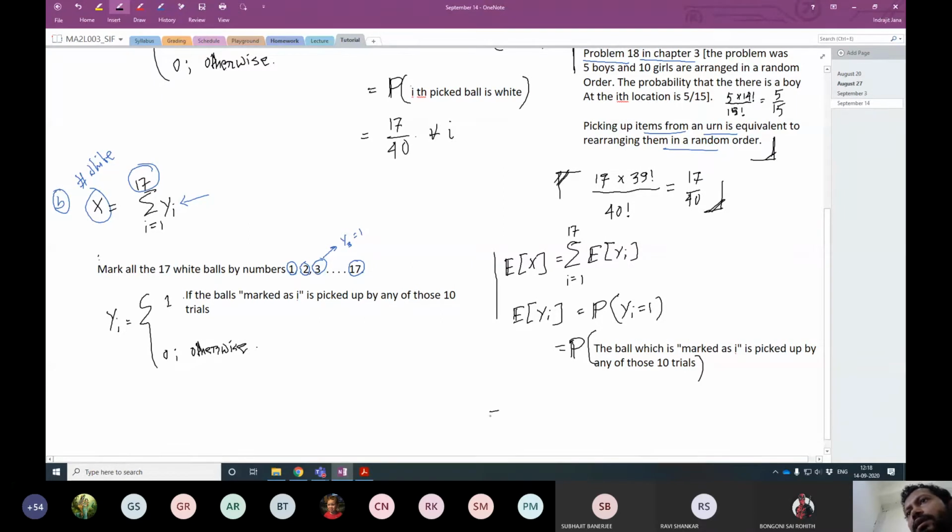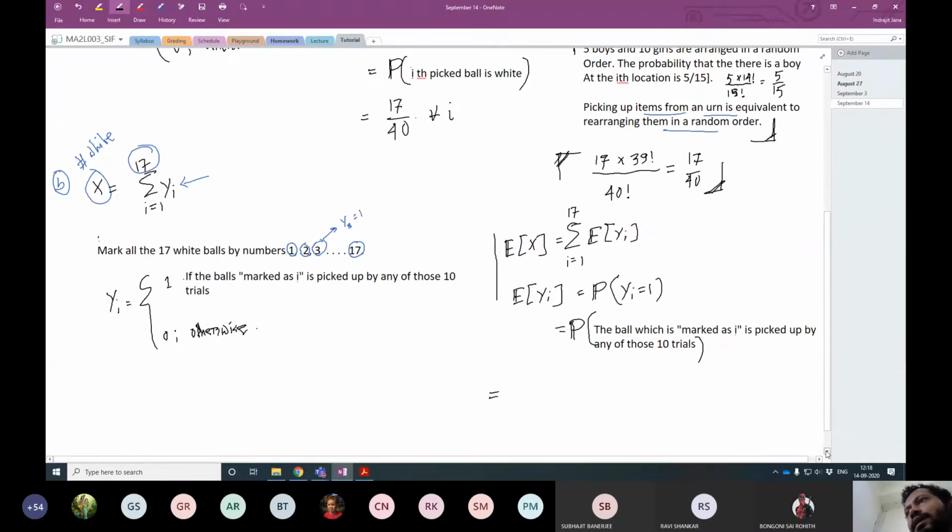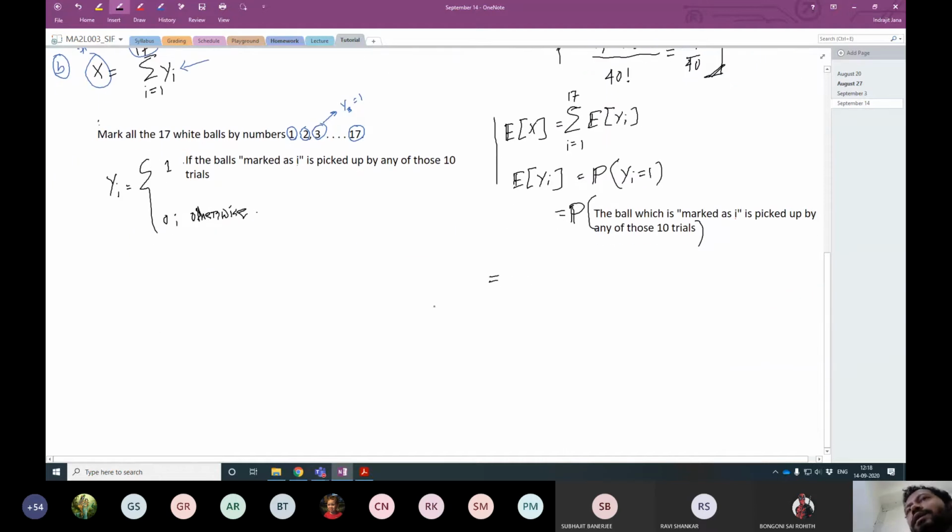So what is the probability that the ball marked i is picked up by any of the 10 trials? Here's the idea. Here's the ball which is marked i. How many ways can you pick 10 balls such that the ball marked i is included? First of all, out of 40 balls, you are picking 10 balls.